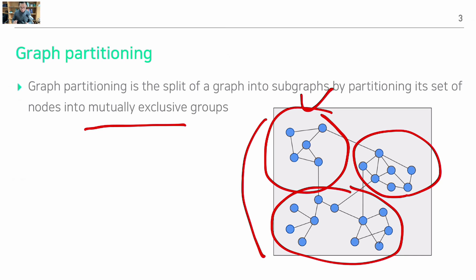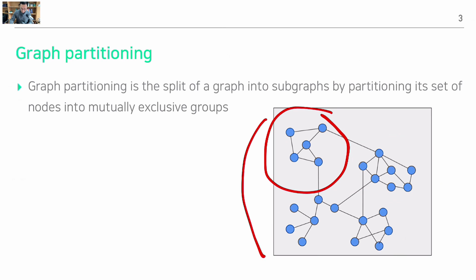Compared to the other partitions, they have more inner edges within the partition compared to the cross edges between the partitions. I will introduce mathematical measures to define how similar they are.